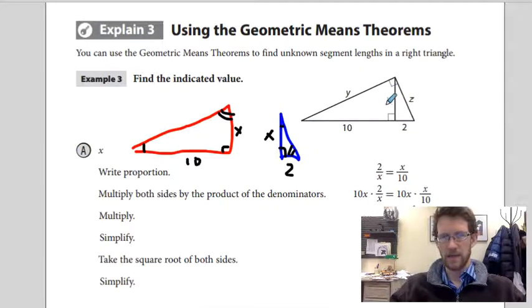Similarly, we can say that x here is equal to the square root of 10 and 2.